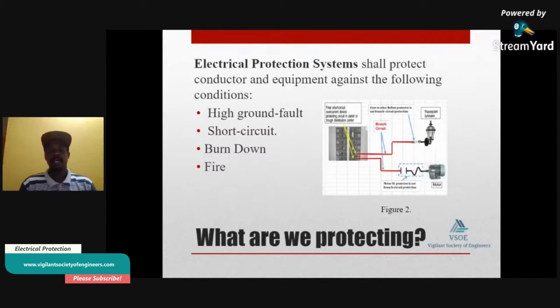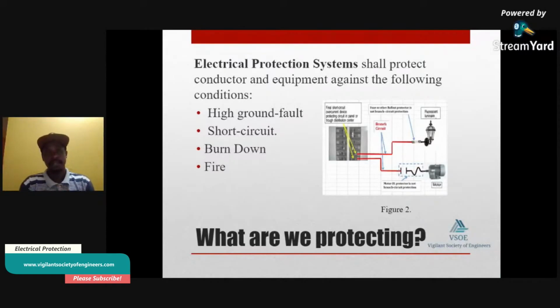And short circuits occur when there's a breakdown of electrical insulation on the electrical conductor, so when one conductor makes contact with another conductor, it creates a short.